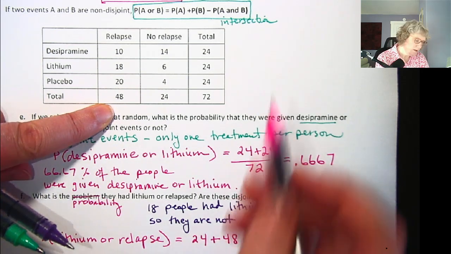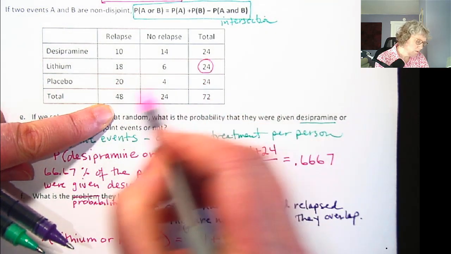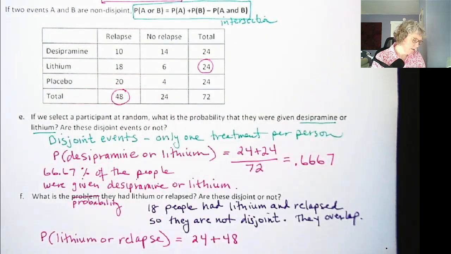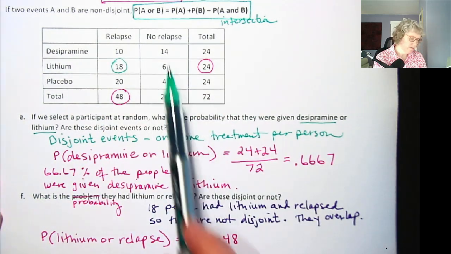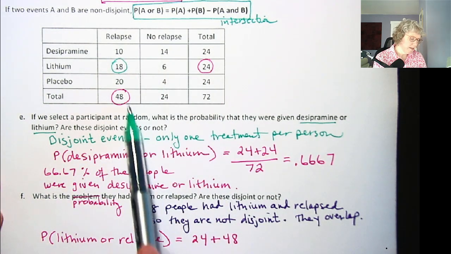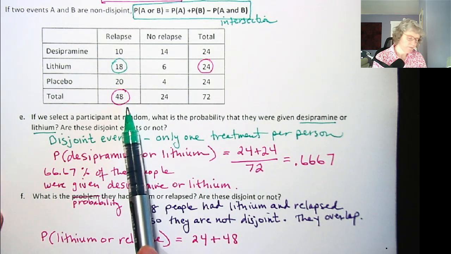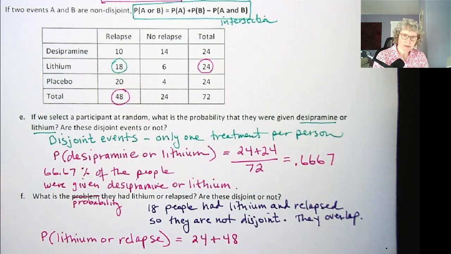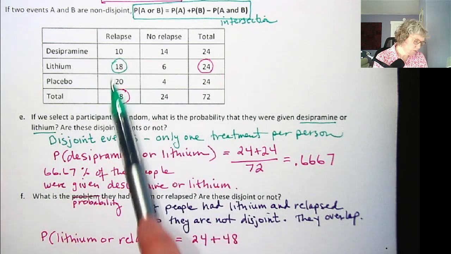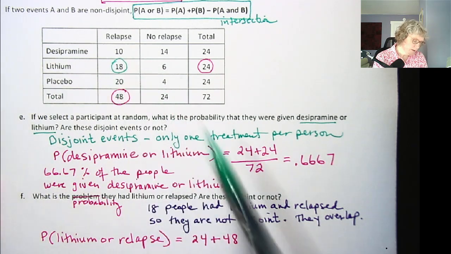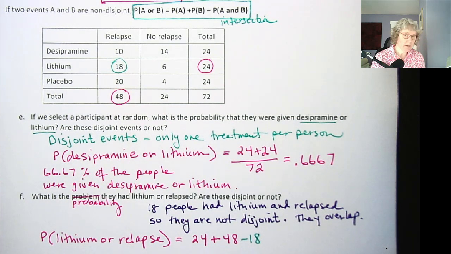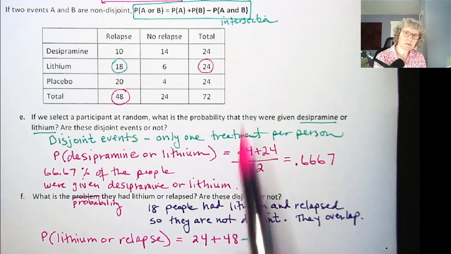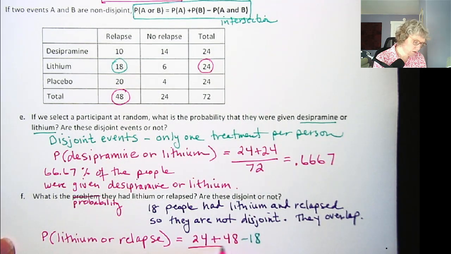If I add the 24 plus the 48, the 18 is in both of those totals. So the 18 gets counted twice. So that's too many people. That's more people than we have in those two groups. So we need to subtract the 18 once. That means we're still counting them, but we're counting them once and not twice. Okay, so that's why we subtract that intersection out.